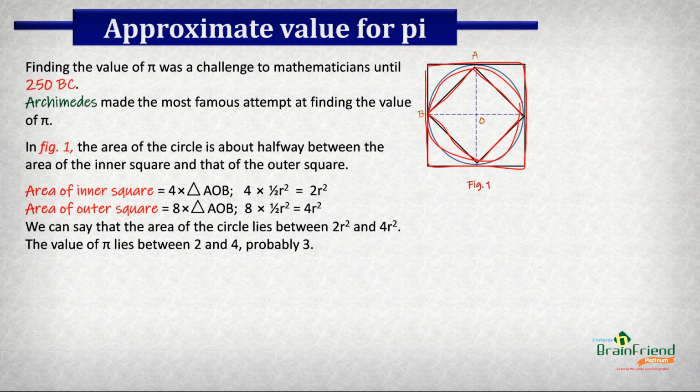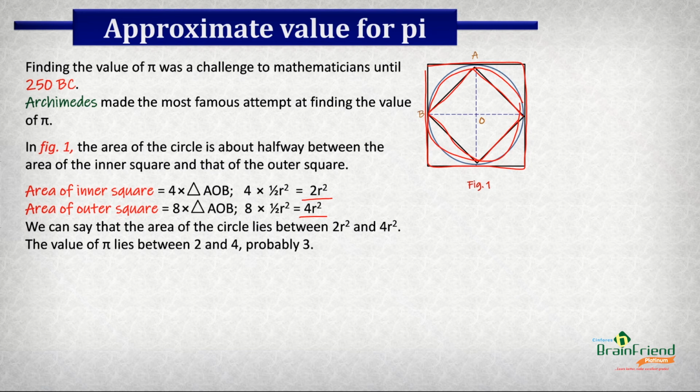According to his findings, the area of the circle is halfway between the area of the inner square and the area of the outer square. He found out that the area of the inner square can be given as 2r squared, while the area of the outer square can be given as 4r squared.